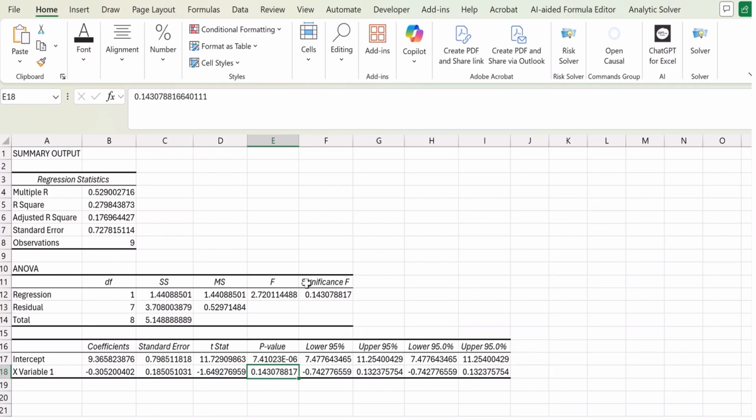Since this p-value is larger than the common 5% threshold, and even larger than 10%, we cannot reject the null hypothesis. In other words, it is not strong enough to conclude that GDP growth has a statistically significant effect on vacancy.